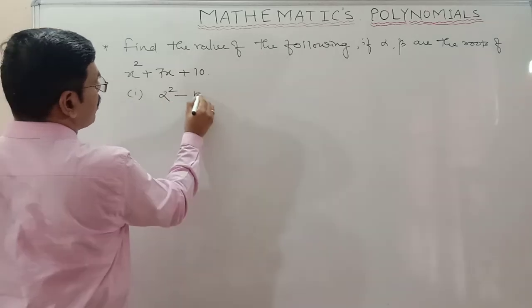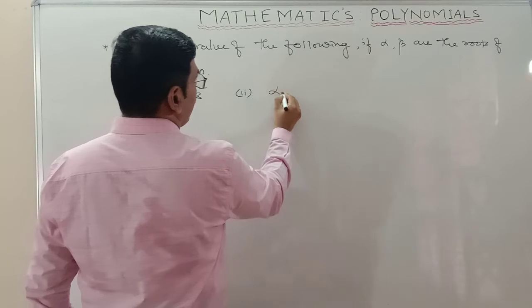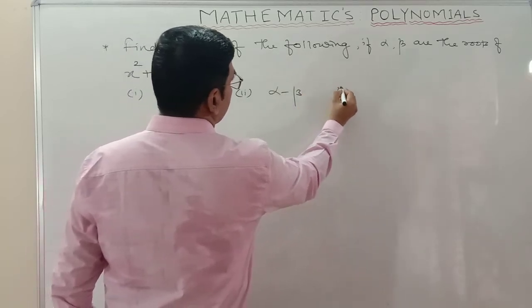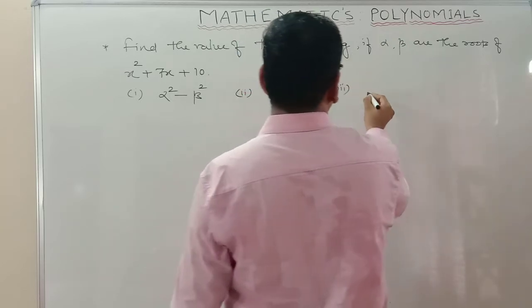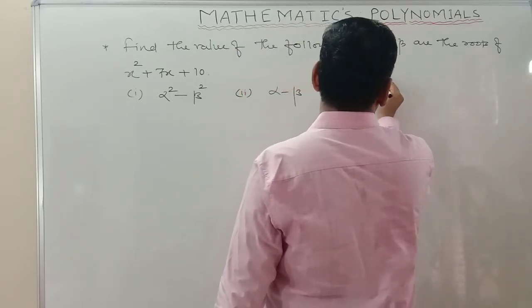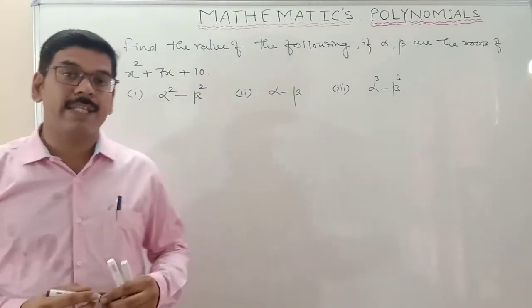Alpha square minus beta square, second alpha minus beta, third alpha cube minus beta cube. How to determine this? हम ये कैसे निकालेंगे?